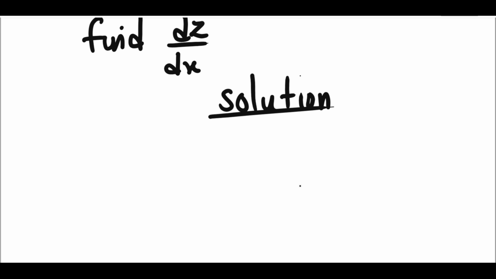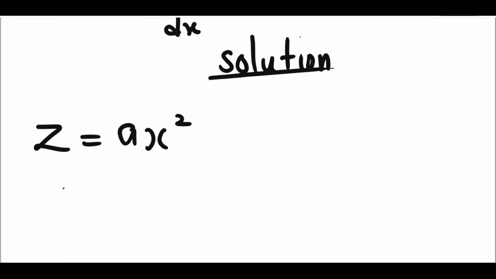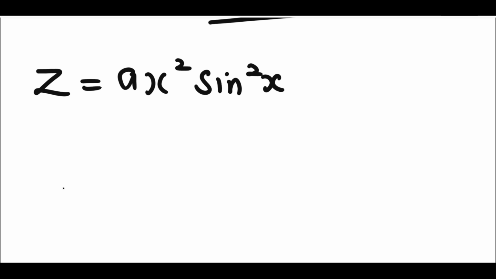So we have the problem as z being a function of x. We have z equal to ax squared multiplying sine x squared, and we are to find dz/dx.